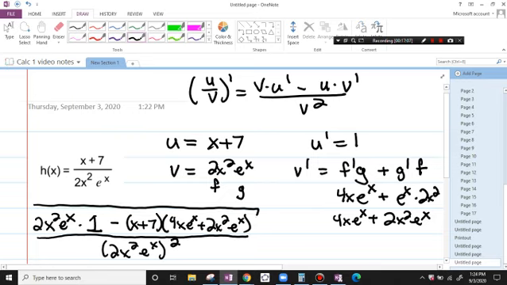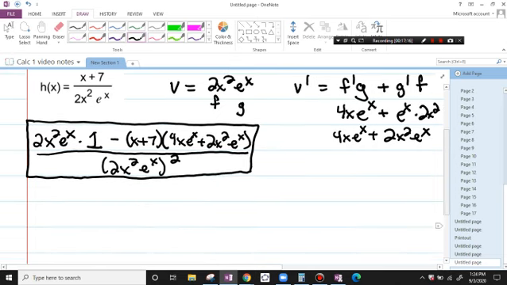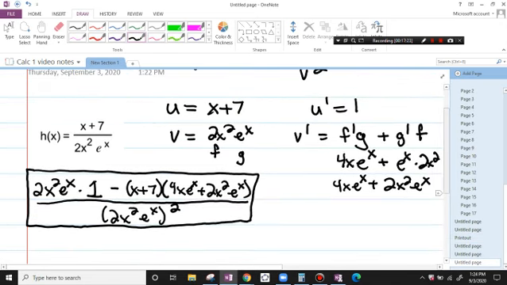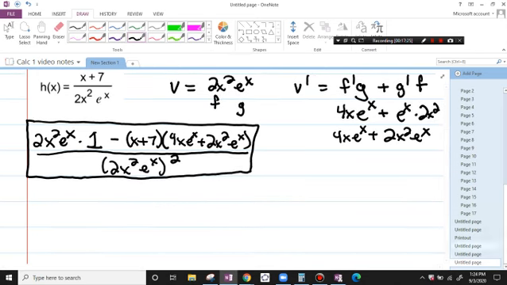We'll be testing in my math lab whether they're going to take that or not. But again, doing this one, picking your u, your v, finding u prime, v prime, and then using the formula.